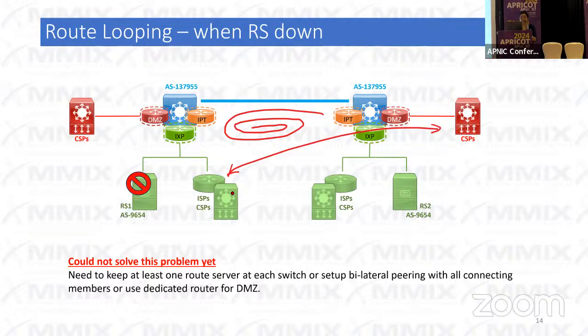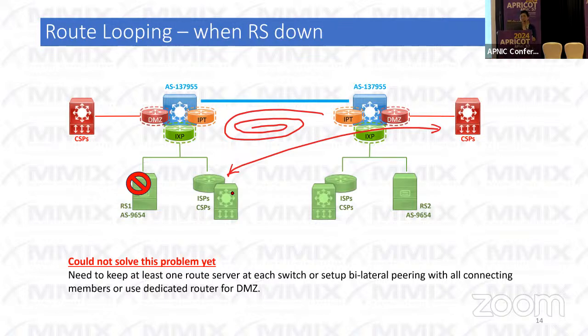When the packet arrives at switch 1, it finds the prefix information of the ISP directly connected to it. Actually, it should go directly to that ISP, but in reality it's pointing back to switch 2, because this routing information is coming from route server 2, not route server 1. So packets start looping between these two switches.